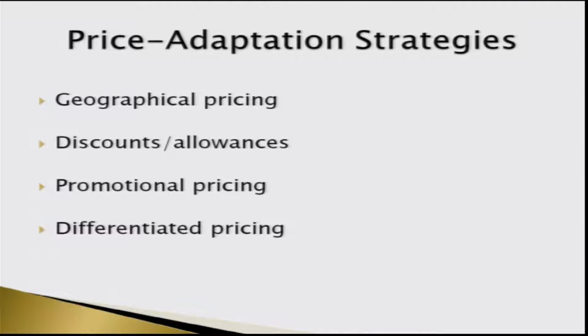In geographical pricing, this is very obvious when you move from one place to another, particularly from one country to another, or sometimes from one city to another, or from one state to another, you will find that prices vary. And why do the prices vary?